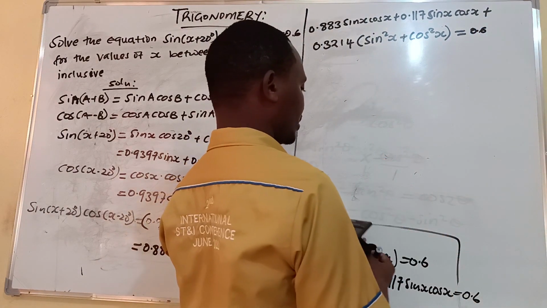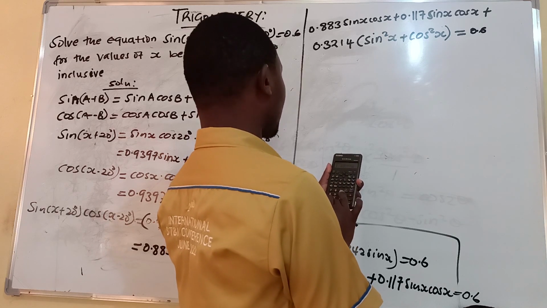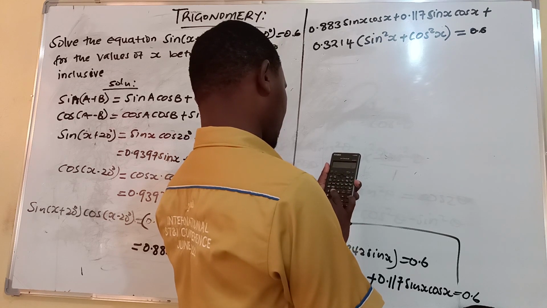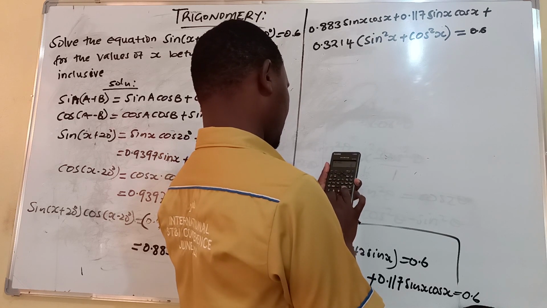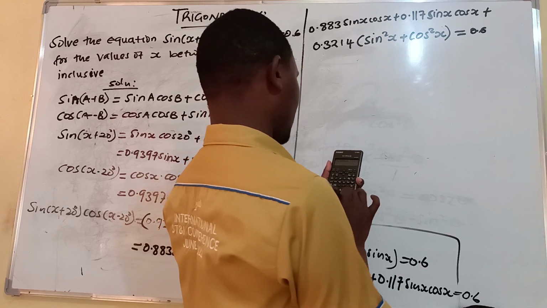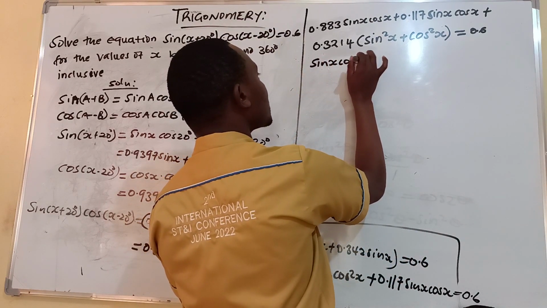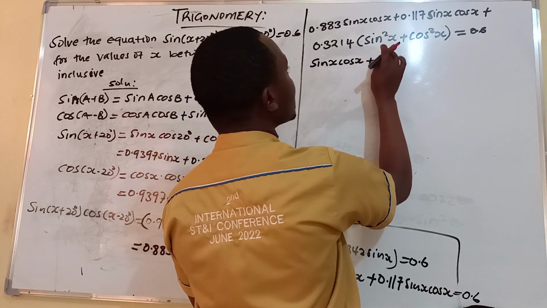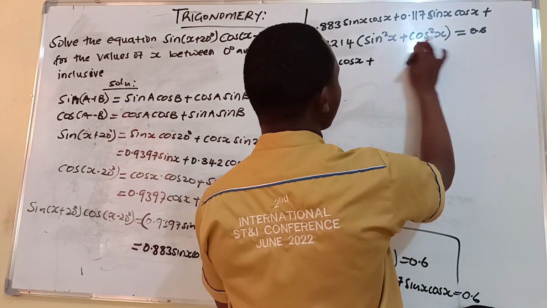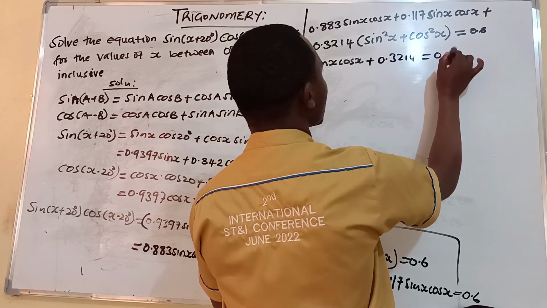So that we add 0.883 plus 0.117, that is 1 sin x cos x, plus, see, sin squared x plus cos squared x is 1, so the bracket is 1, giving 0.3214 equal to 0.6.